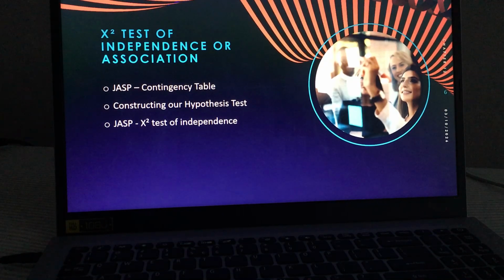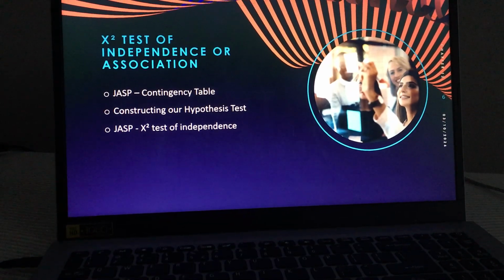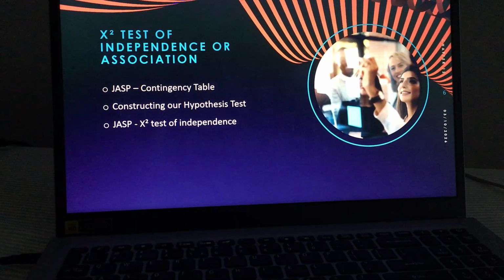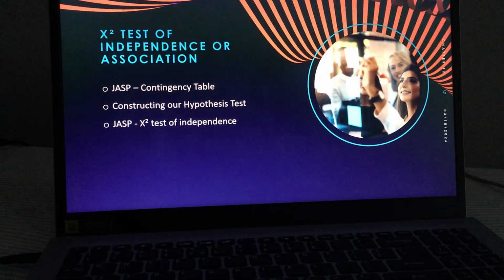So now we're going to think about what our null hypothesis actually says. If robots and humans are responding in the same way to the question, it means that the probability that a robot says puppy is the same as the probability that a human says puppy, and so on for the other two possibilities.